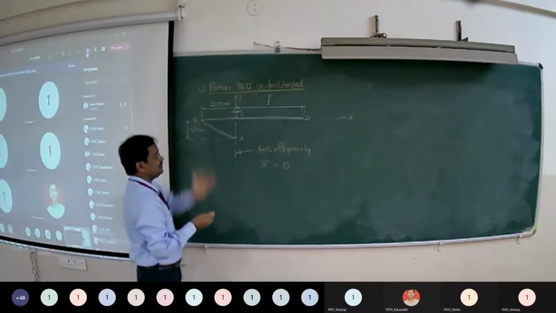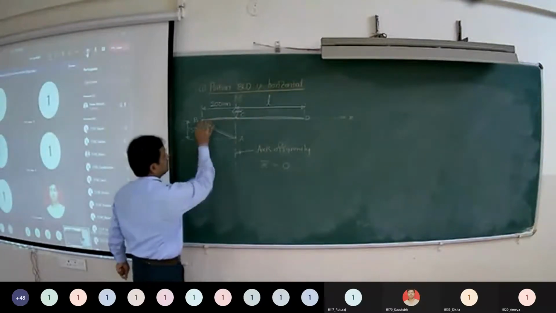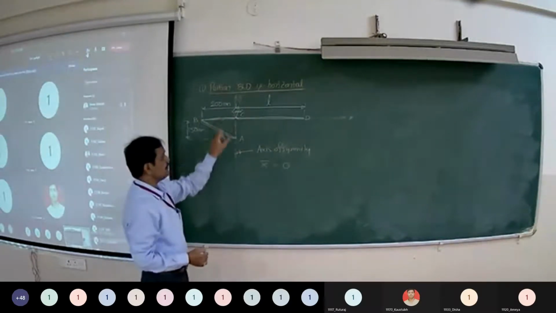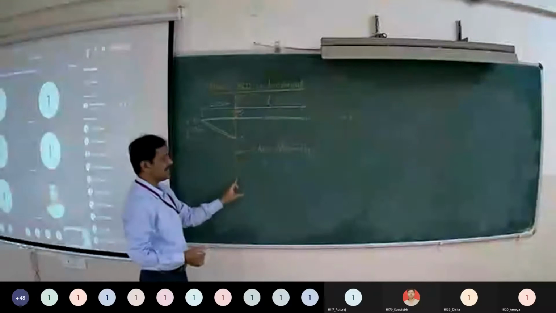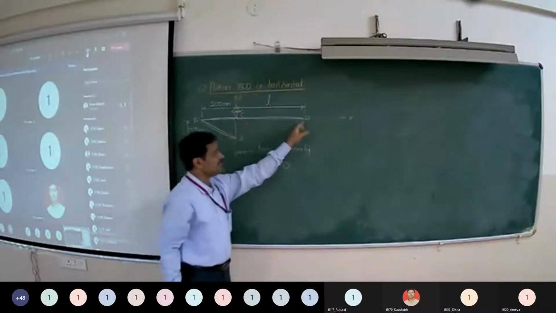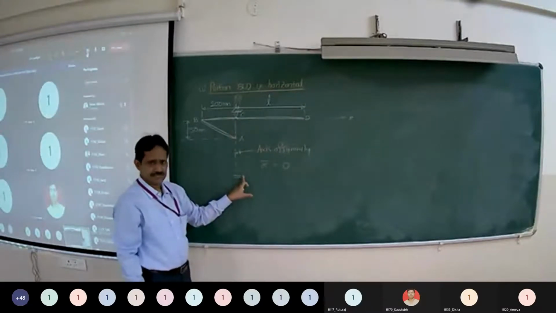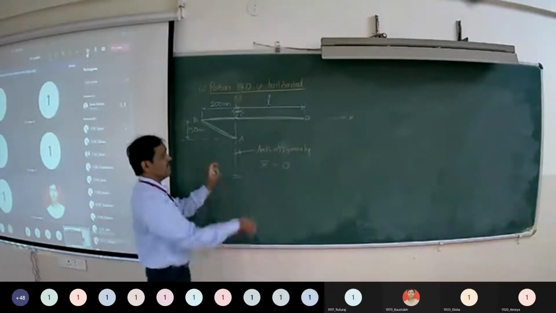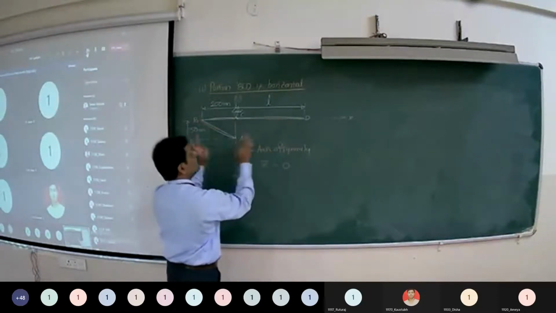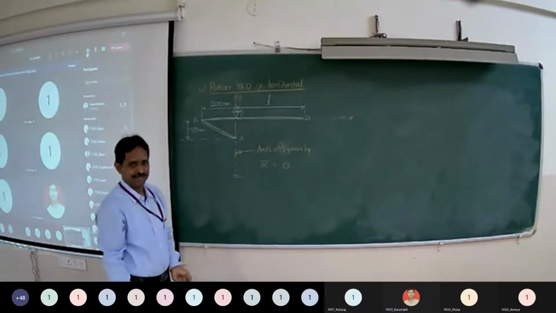So this line is dividing this figure into two parts, left hand side and right hand side. On the left hand side, we have line BC and line AB. So the sum of the moments of these two lines about this vertical axis is equal to the moment of line CD about the vertical axis. Are you getting my point? So simply I am equating the moments of these line segments on both sides of the axis of symmetry.